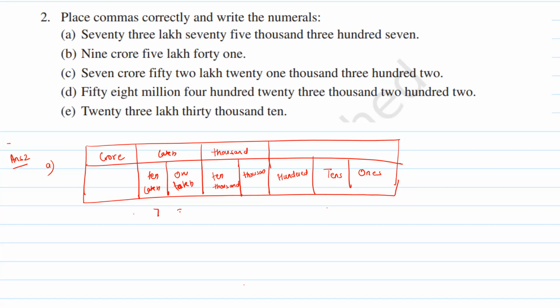That means 73 lakh, comma, one period is over. 75,000, then again one period is over. 307. 300, tens is not given, so 0, 7. So this is the desired number 73,75,307. This is how you will represent this question in your exam.